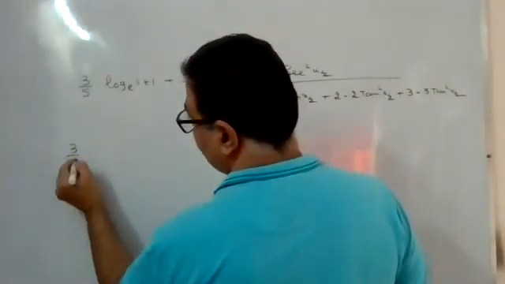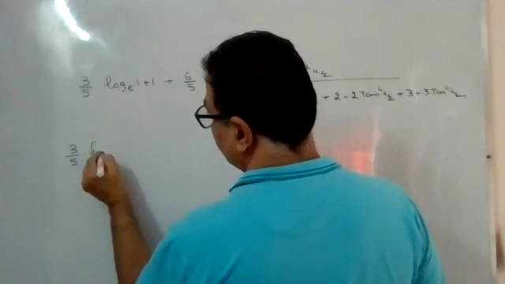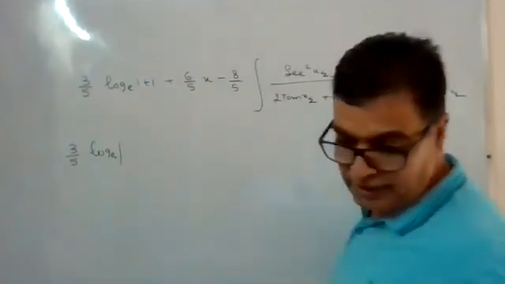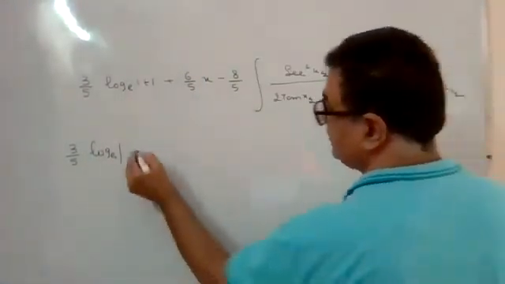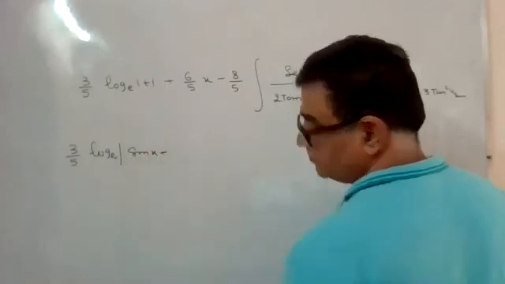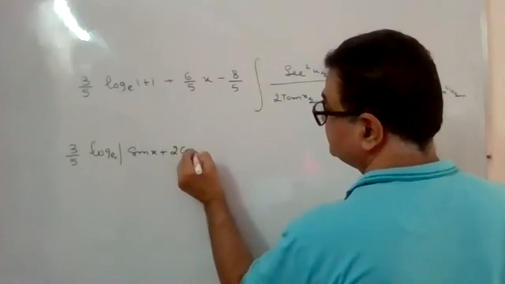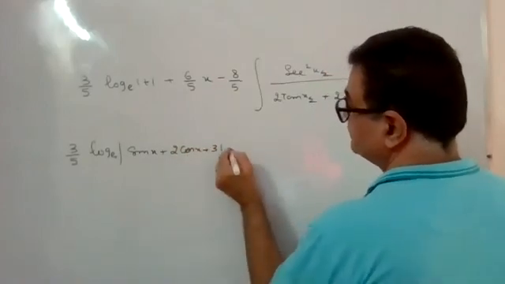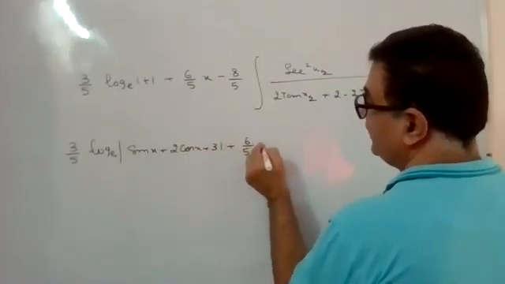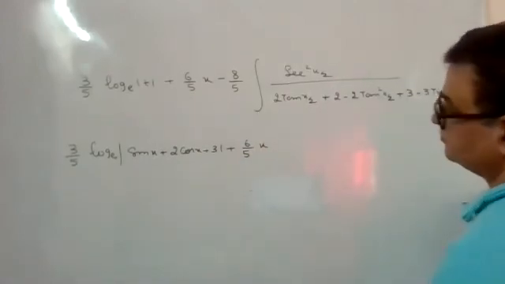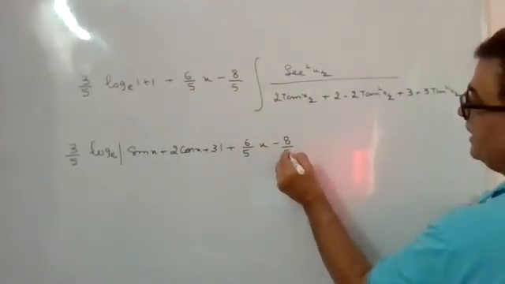Then I'll write 3 by 5 log. Here we'll put the value of t, that was sin x plus 2 cos x plus 3, plus 6 by 5 x, minus 8 by 5.